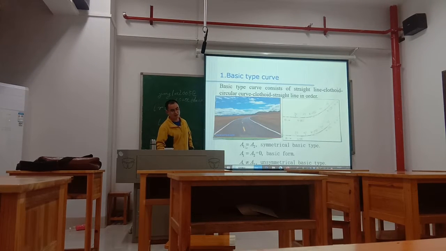When A1 is equal to A2, it is named symmetrical basic type. If A1 is not equal to A2, it is named unsymmetrical basic type. A1 is the parameter of closed-side 1.